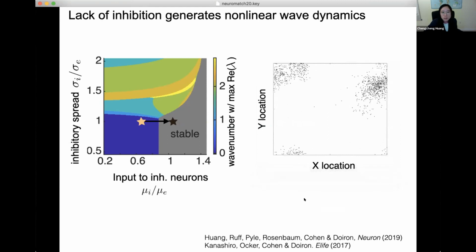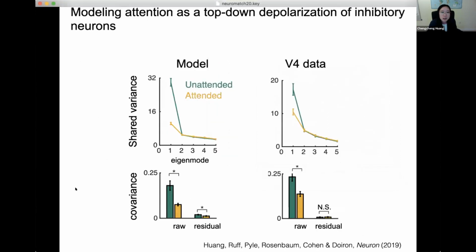Okay, and previously we have used this wave dynamics regime to model the unattended states of the V4 population activity data. In this case, in the unattended states, the wave dynamics can generate low dimensional shared variability, and that also produces positive correlations among the neurons.